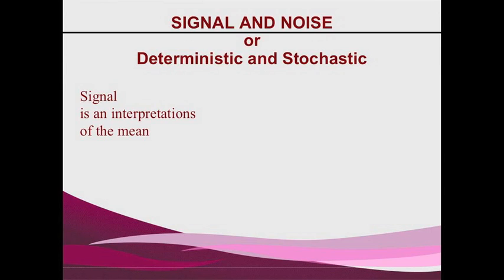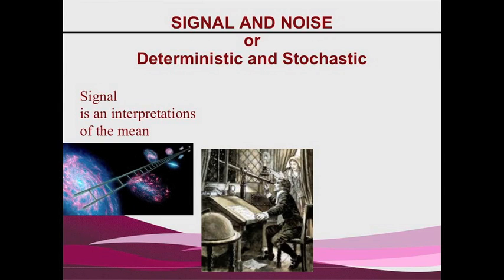Another example of signal and noise that's very clear to understand is that astronomers, when they were measuring the distance to the stars in the beginning, were working in isolation, and they didn't want to talk to other astronomers because they didn't want their errors to be mixed with the other errors, because every day they measured, they had a slightly different measurement, and so they wanted to keep the errors to a minimum.